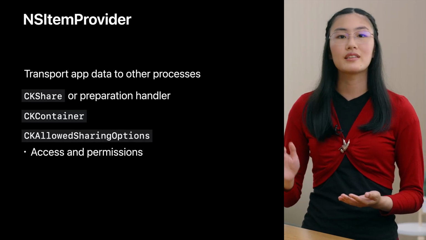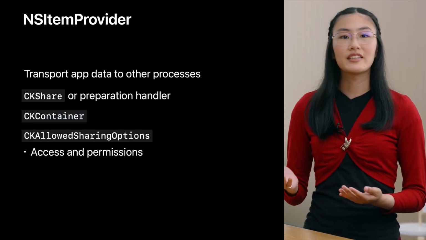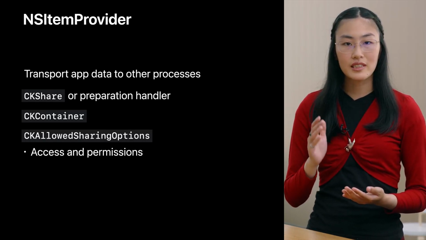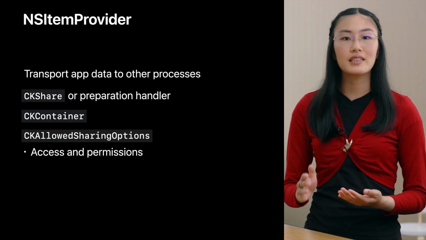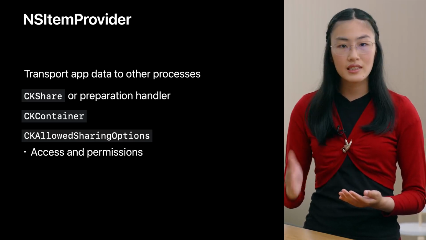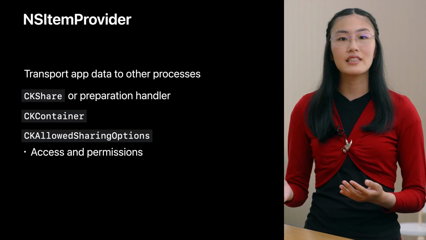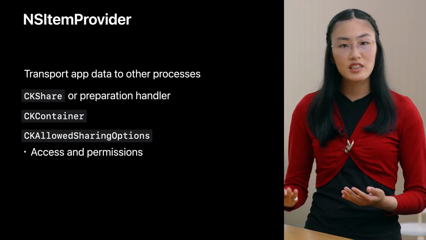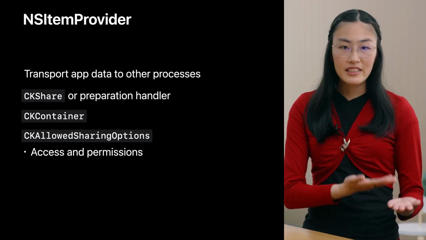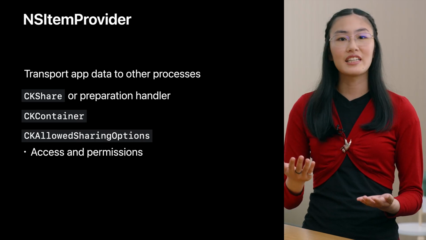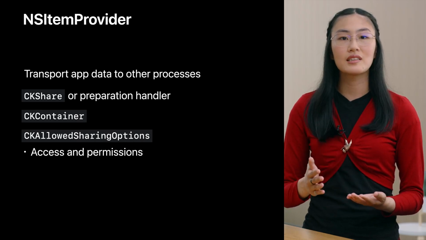The new Collaboration Object API uses NSItemProvider. NSItemProvider is used by system services to transport your app's data to other processes on the system. The provider requires either the CKShare for the collaboration item or a preparation handler to create a CKShare when collaboration starts.